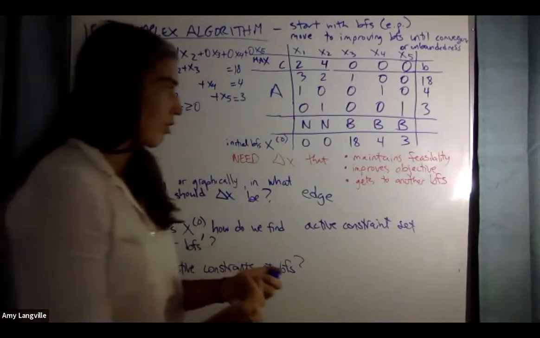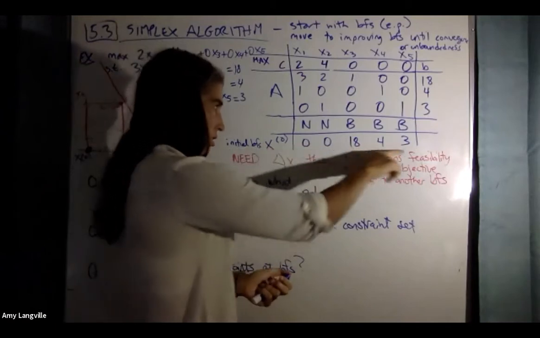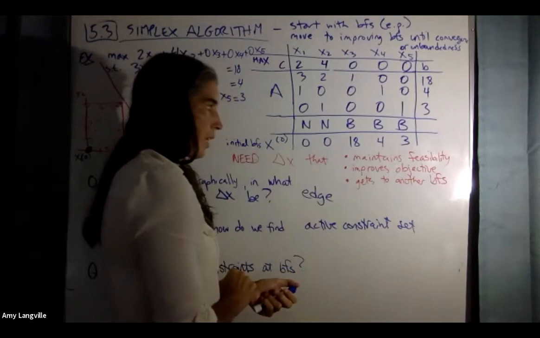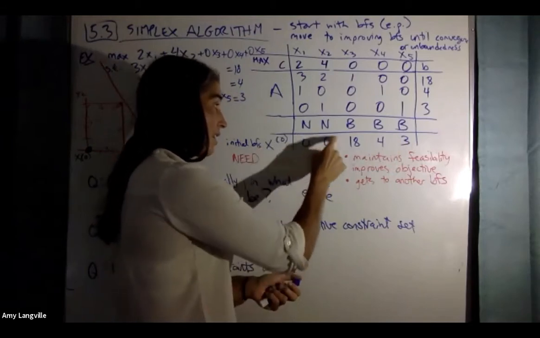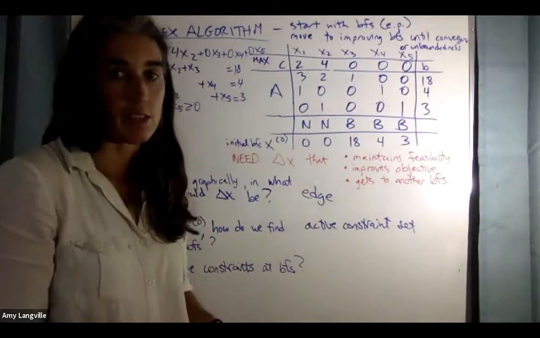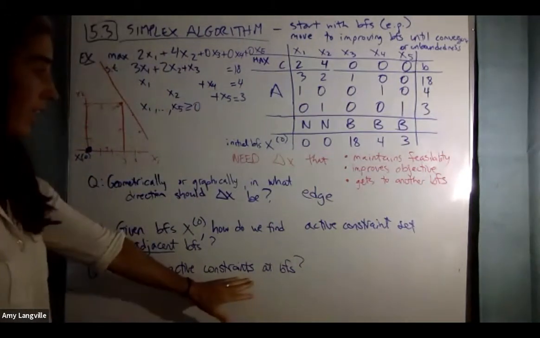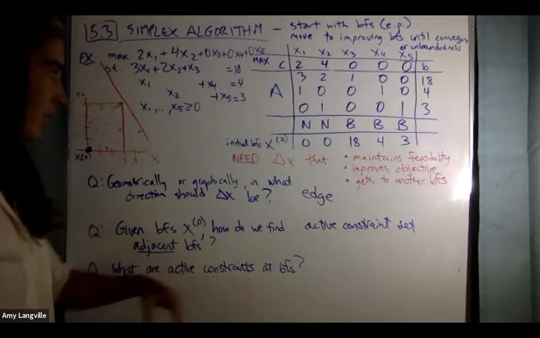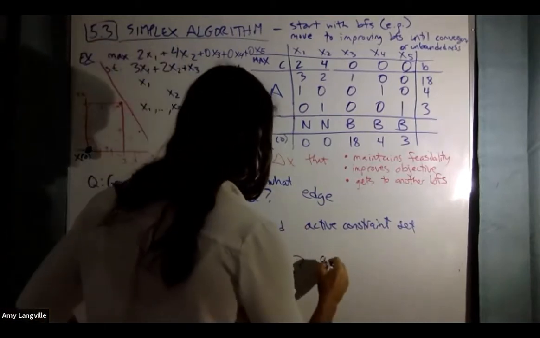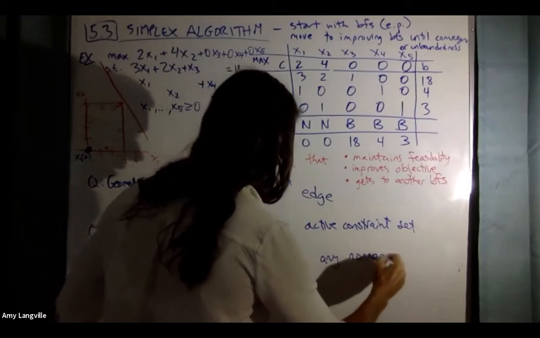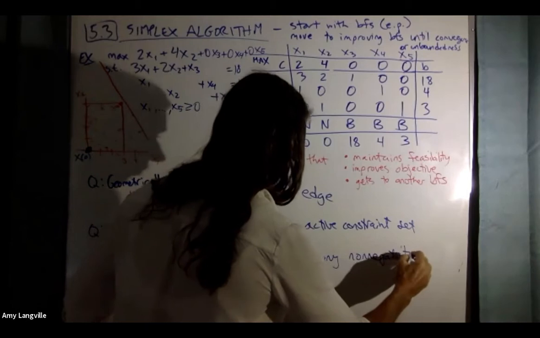So the only thing you have to check is to look here. It'll always be basic feasible, so these will always be non-zero. So anything here that's 0 corresponds to your active constraint set, because we're looking at an extreme point method, right? Because we're doing the simplex. So any non-negativity constraints that are equal to 0.